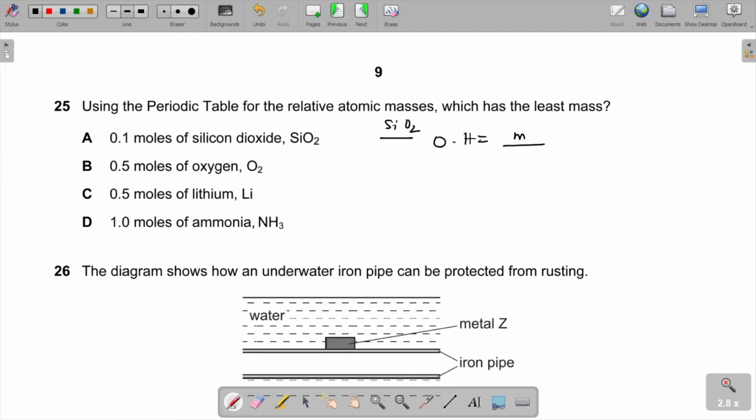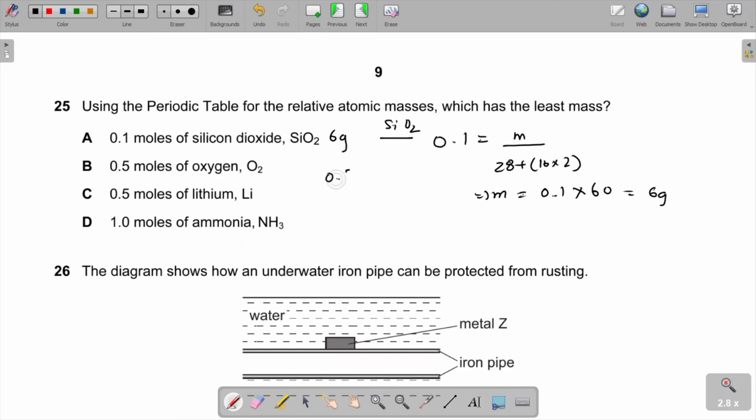Silicon is Si, which is 28, plus 16 times 2. So the mass is 0.1 times 60, which is 6 grams.